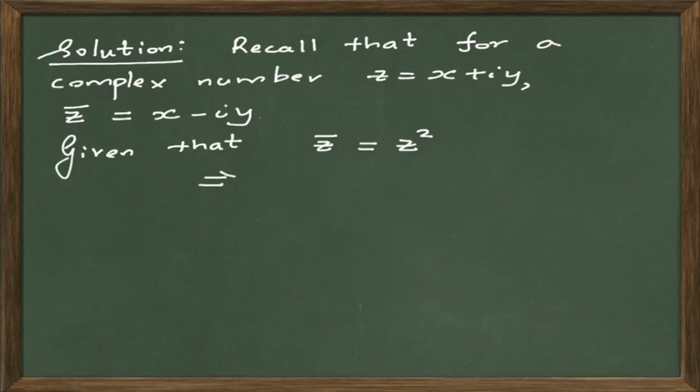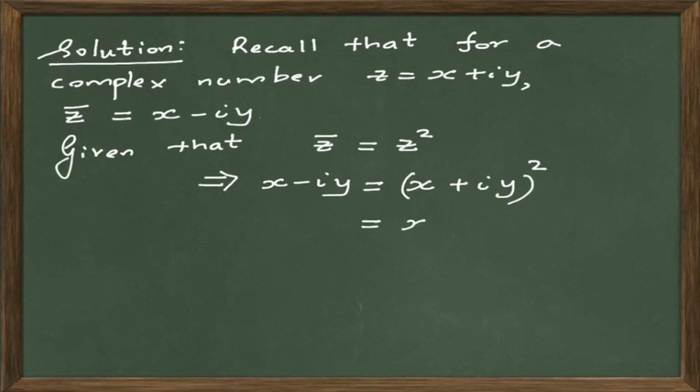This implies that x minus iy is equal to x plus iy the whole square, which is equal to x square minus y square plus i times 2xy.